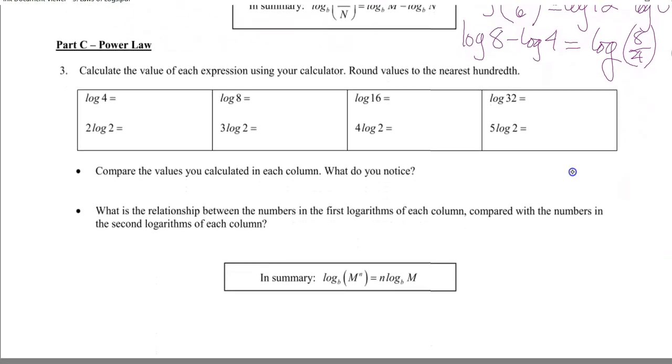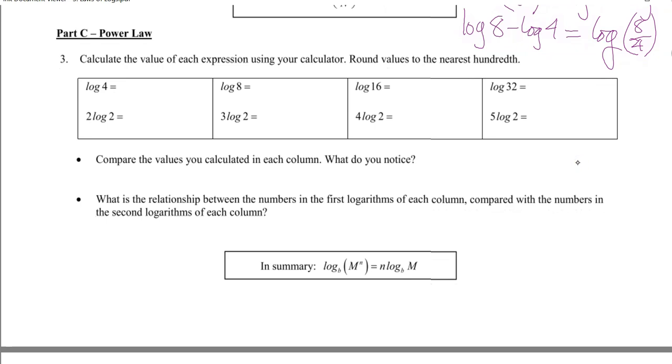The power law, which is actually the most powerful law, but we'll get to why over the next couple of days. Calculate the value of each expression using your calculator. So what is log 4 and what is 2 log 2?